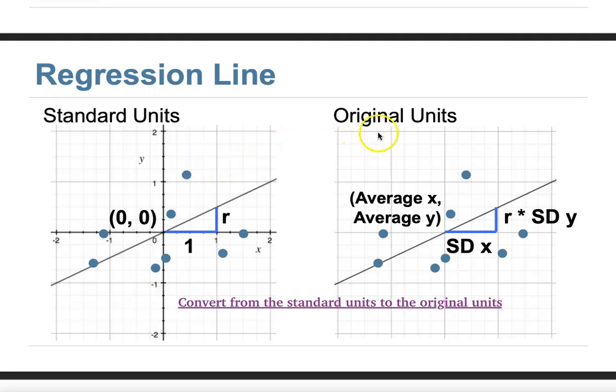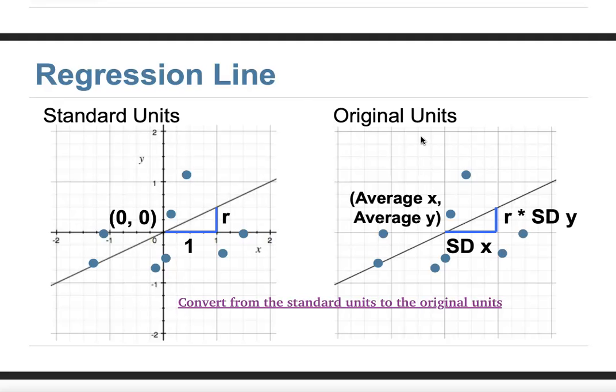Remember, when we have the original unit, we did something to convert it to the standard unit. Whenever we have the original unit, we always subtract the average, then divide by the standard deviation. For example, for the x value in the original unit, we take x minus the average of x, divided by the standard deviation of x.